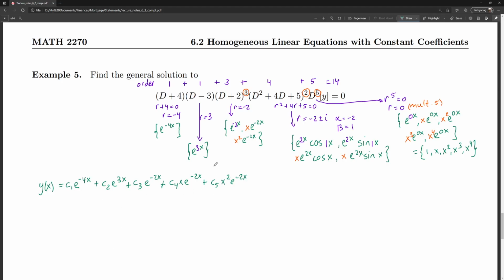So these first 5 terms take care of these solutions here. So now we have these 4 solutions here. I'll continue that on the next line.